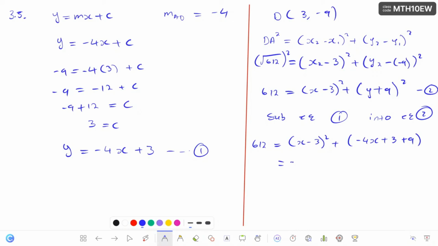Simplifying this is going to give us x squared minus 6x plus 9, plus the number inside the bracket, which is negative 4x plus 12, squared. So you can also simplify negative 4x plus 12. Let me simplify it here.